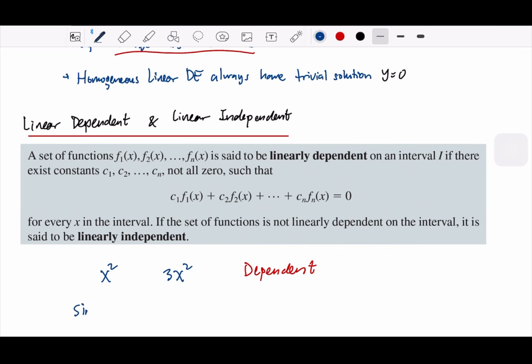But for example, sine and cosine, although they are quite similar in property, they cannot be 0 in any way. So it's independent.